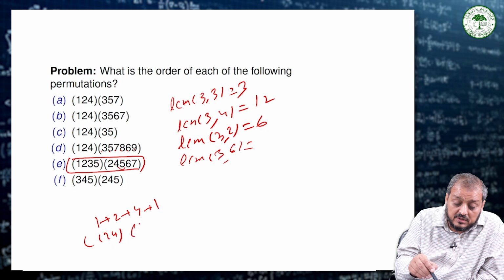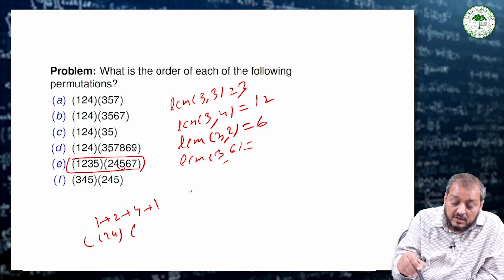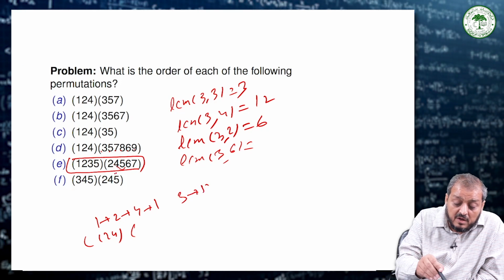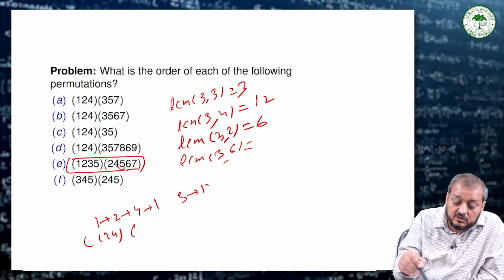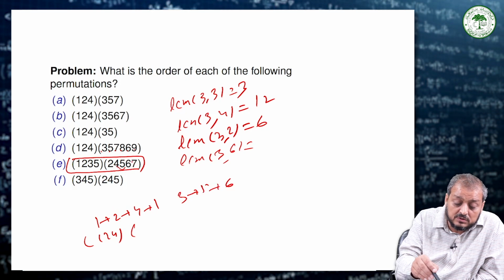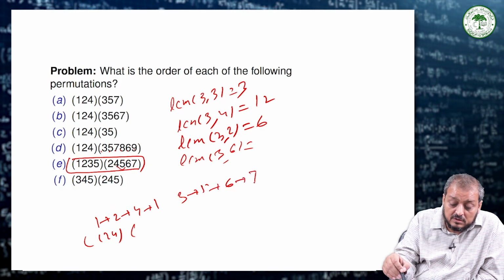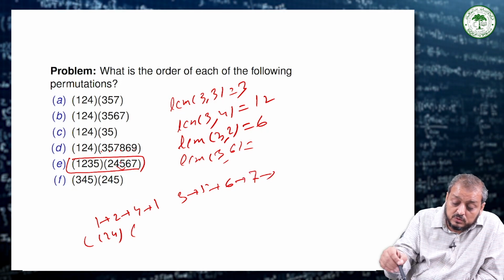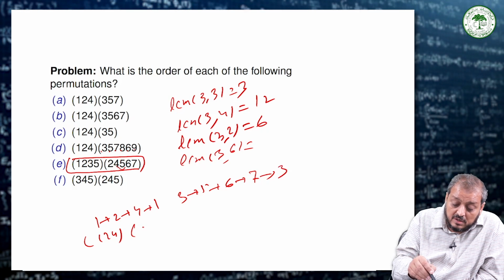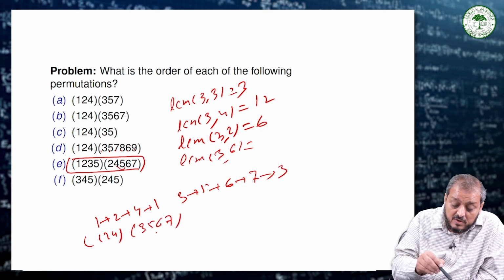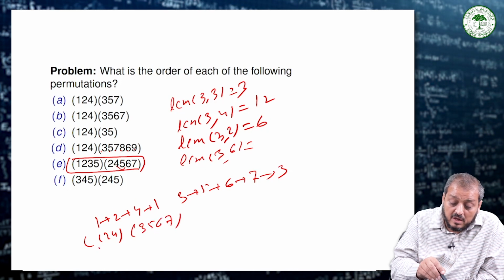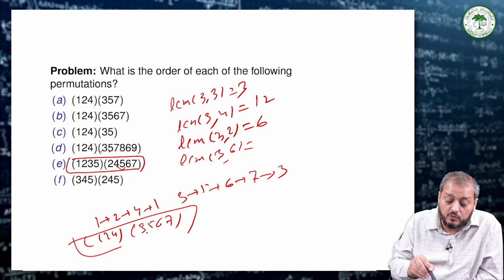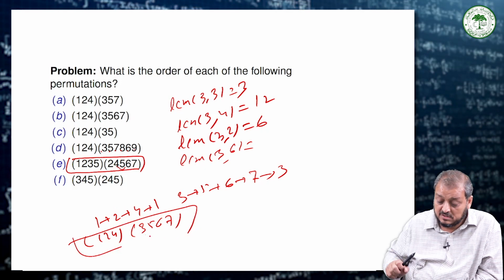Then we start from 3: 3 goes to 5, 5 goes to 6, 6 goes to 7, 7 goes to 2, and then 2 goes to 3. So the other cycle is 3 5 6 7. So we have the complete disjoint cycle form, 1 2 4 and 3 5 6 7.